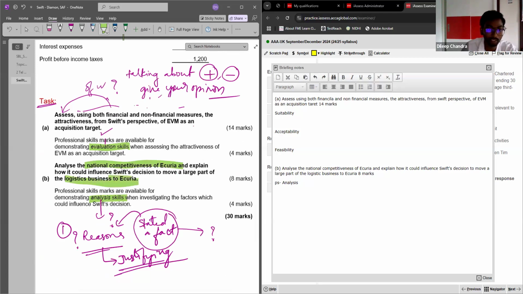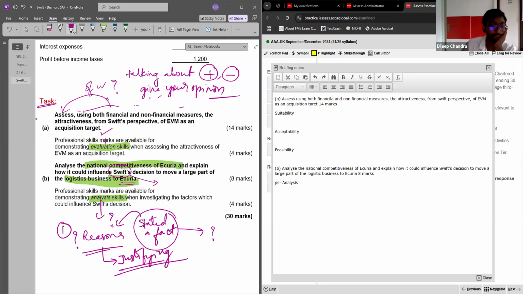So basically what is happening here is this Swift company is trying to shift some or most of its operations to this company called ACCA. Before this happens, the company is asking us as consultants to analyze the nation's competitiveness.